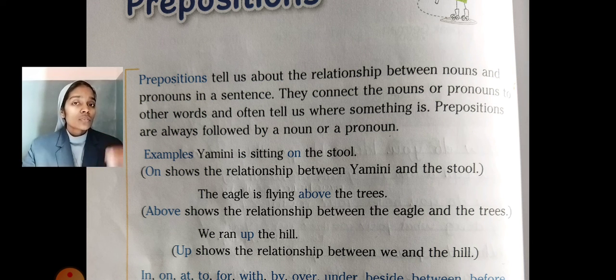That means it shows the position of any object: where, when, and in which direction. So prepositions tell us the direction, place, and time. Prepositions are always followed by a noun or pronoun.